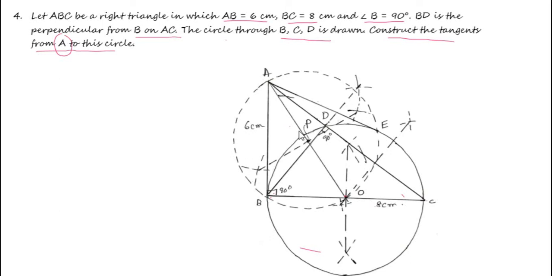Then take this distance as the radius. Draw a circle. This circle intersects the given circle at two points. Here it is at B and E. Join AB and AE. These are the two tangents from the point A to the circle. Now AB is already the side of this triangle, so that itself is a tangent to the given circle.